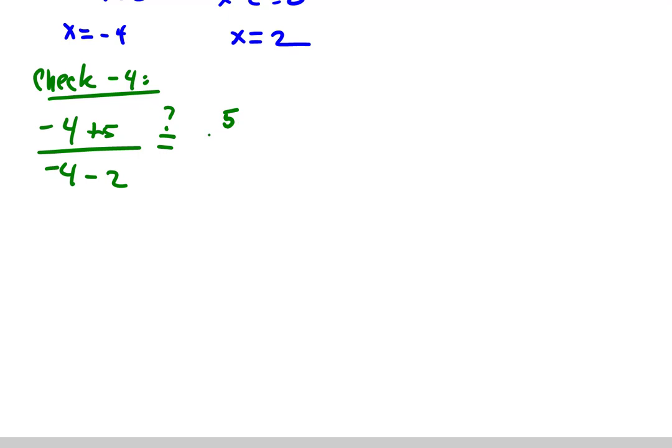We're wondering, is that equal to 5 over, and then negative 4 plus 2 plus, and then 28 over negative 4 squared is 16 minus 4.